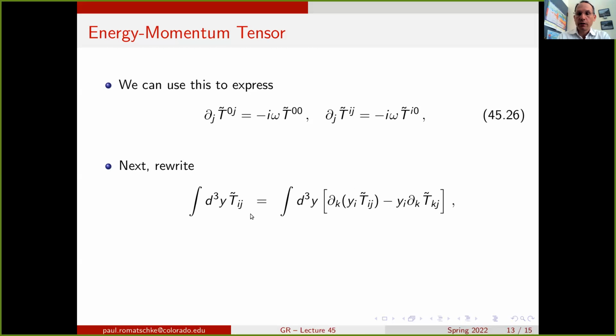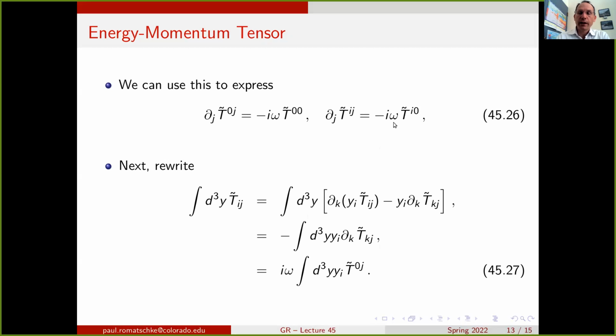However, if we look at this expression here, we note that if the volume is infinite, then this first term is just a surface term, which has to go to 0 for a physical source. So the first term basically just vanishes, and we find that the spatial integral of tij is just minus the volume integral of yi dk tkj.